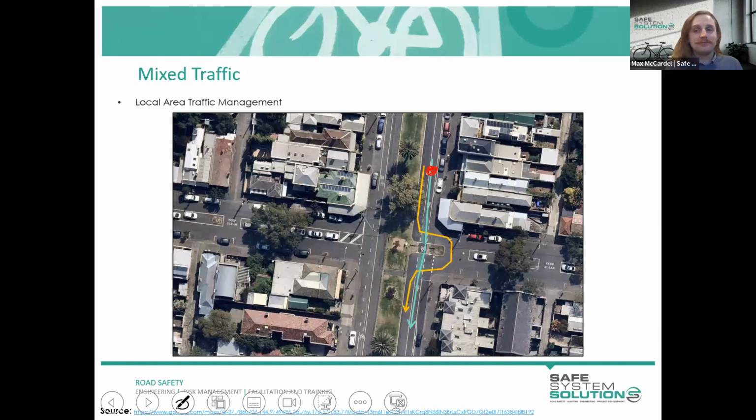The issue with this treatment in particular is, if this little build out wasn't installed, just as an example, then vehicles could have traveled straight and cyclists could have traveled straight. So that's how things could have looked.